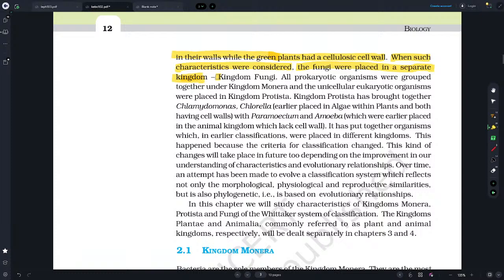Spirilla is the spiral shaped and vibrio is the comma shaped bacteria. The spherical coccus, plural cocci; the rod shaped bacillus, plural bacilli; the comma shaped vibrio, plural vibrios; and the spiral spirillum, plural spirilla.